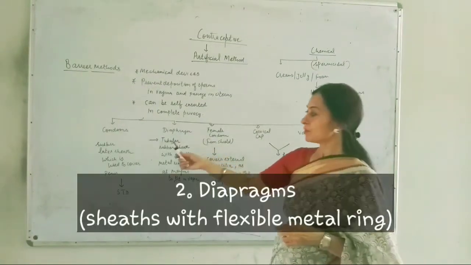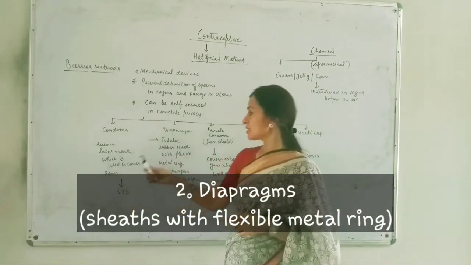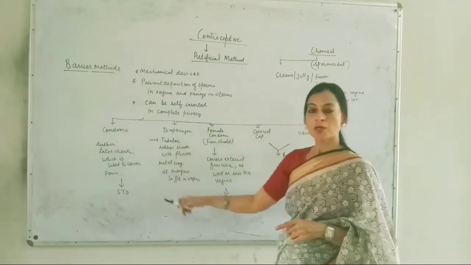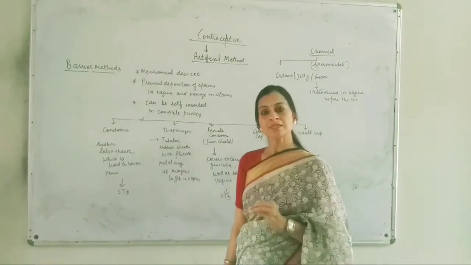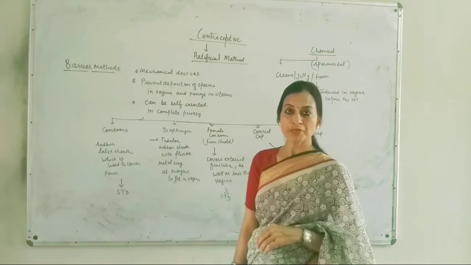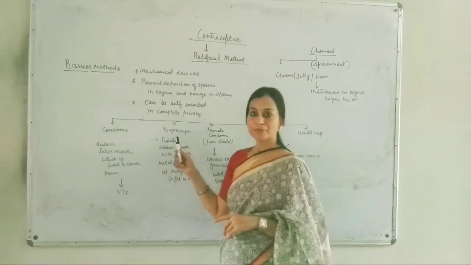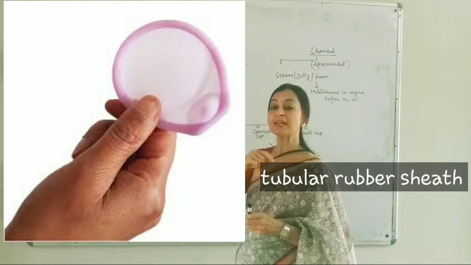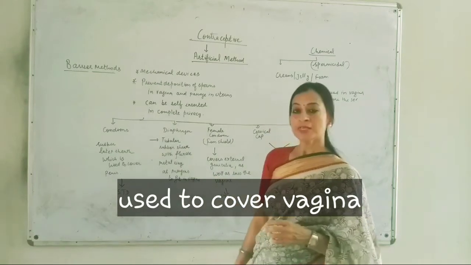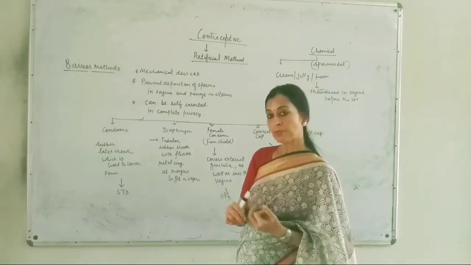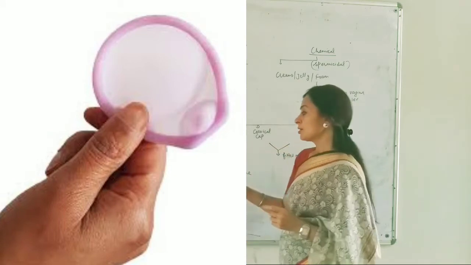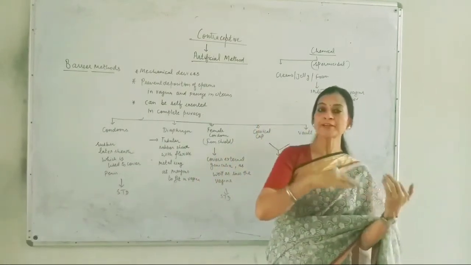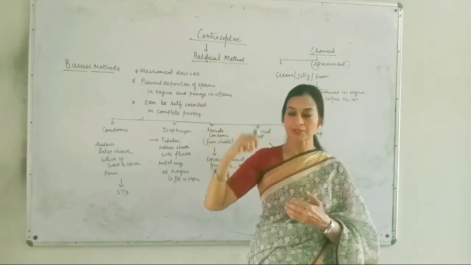Second is the diaphragm. Condoms are used by males, while the diaphragm, female condom, cervical caps and vault cap, these four contraceptive devices, are used by females. The diaphragm is a tubular rubber sheath with a flexible metallic ring which is fitted in the vagina, and this vaginal covering prevents entry of sperms into the uterus.